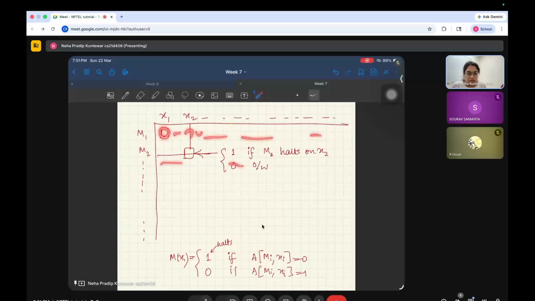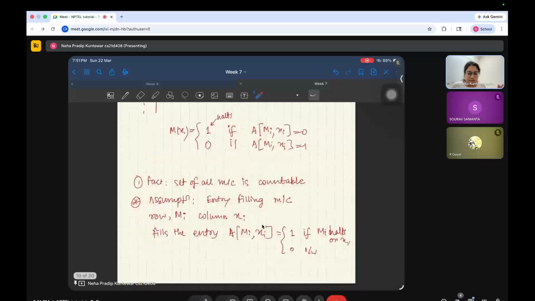So we are assuming that there is a Turing machine which, given mi and xi, tells us whether it halts on xi or not, which is basically what the halting problem asks us. So the existence of capital A is our assumption that such a machine capital A exists. Exactly, yeah. So the existence of this entry filling machine is our assumption.